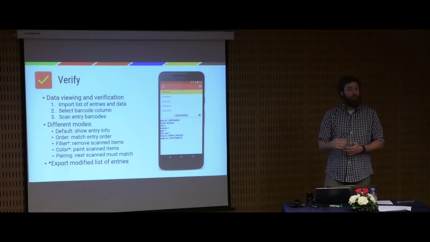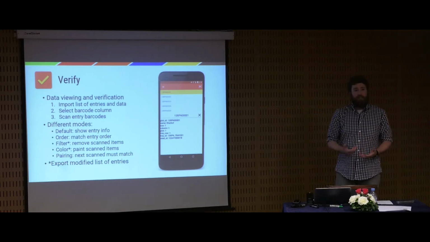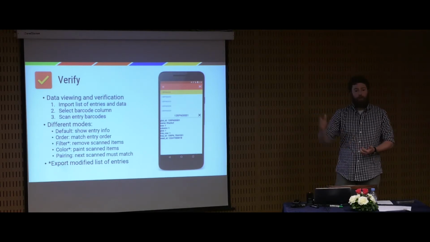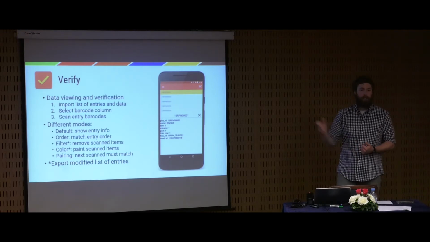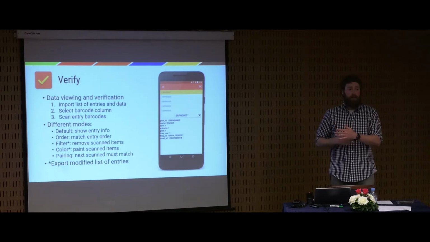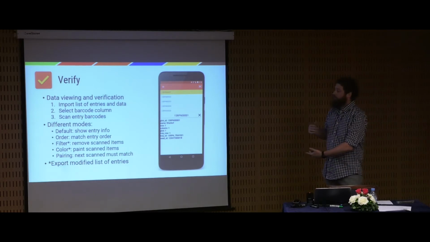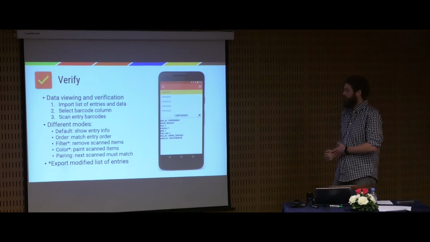So by default, it'll just show the entry info. This was originally designed to import a list of GeneBake entries and then be able to walk up to an individual, scan it, get all of the information for that individual, and just have it quickly accessible that way. But it's evolved based on just what was available to have these additional modes as well.